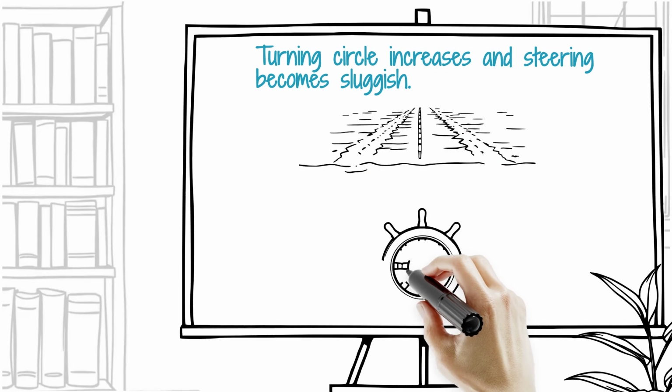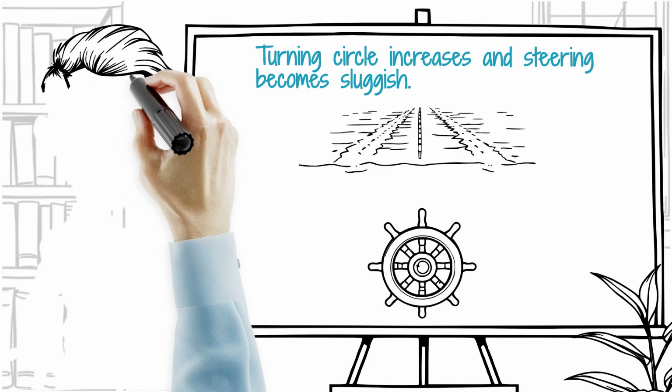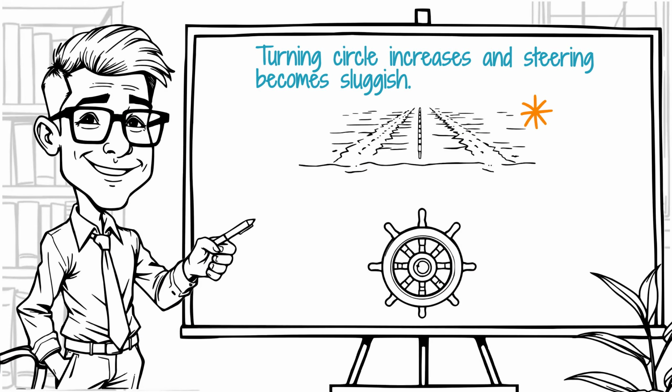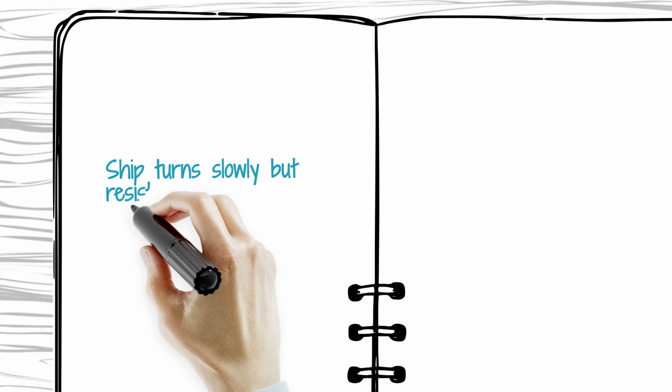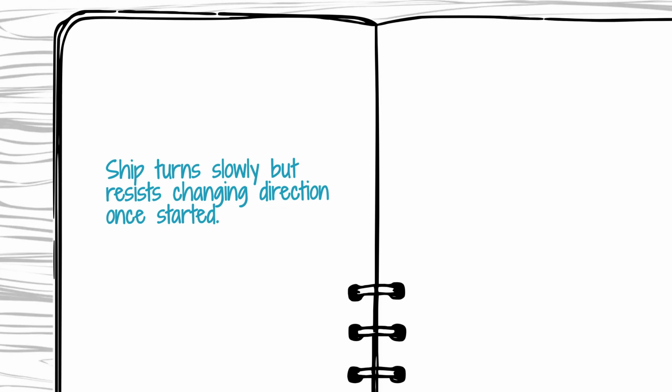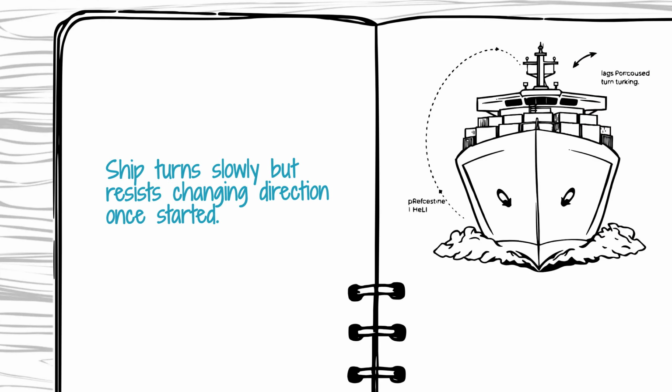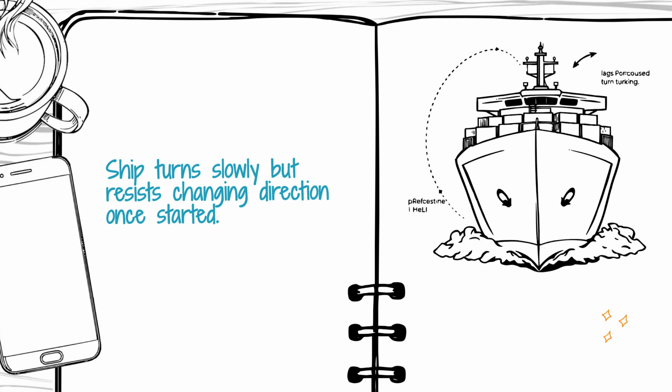Compounding this, the vessel's directional stability improves, meaning it wants to stick rigidly to a straight course. While this sounds good, it means the ship is much slower to initiate a turn, but once it starts, it's harder to stop. Furthermore, the stopping distance is slightly reduced due to the increased hydrodynamic drag acting on the hull.